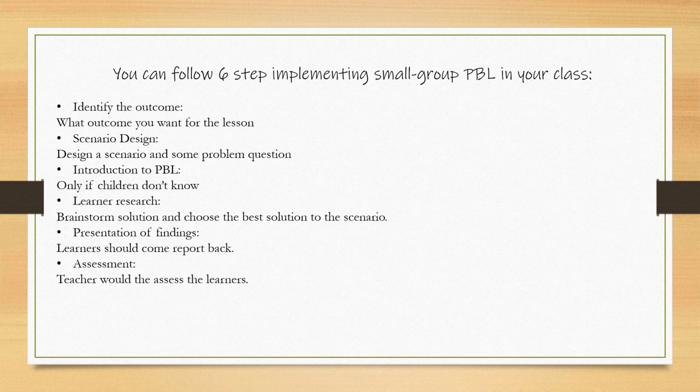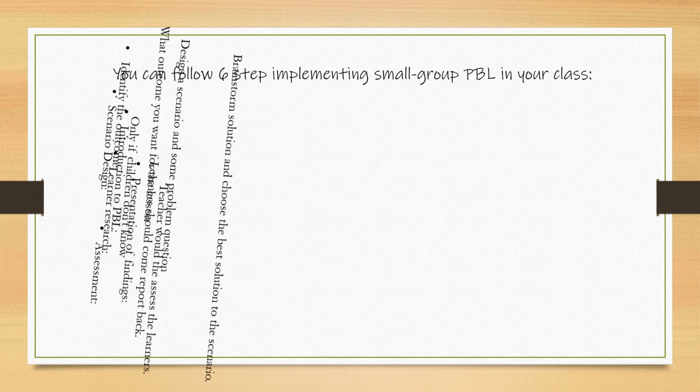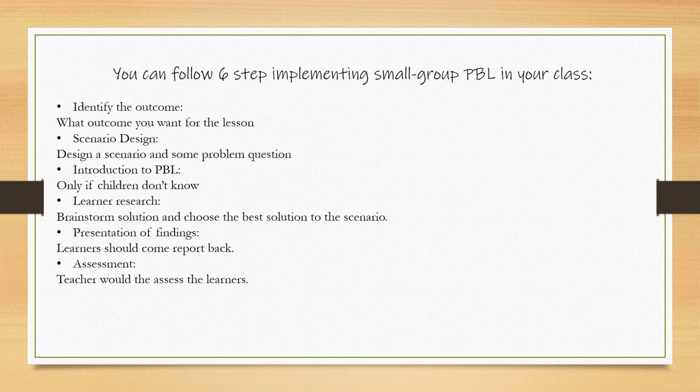Third, introduction to PBL. If children don't know what it is, you can introduce them to it. Fourth, learner research, brainstorm solutions, and choose the best solution to the scenario. Fifth, presentation of findings, learners should come and report back. And sixth, assessment, teachers would assess the learners.